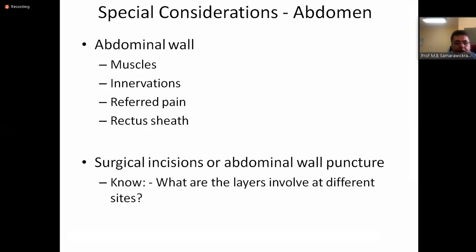But if we ask what are the layers encountered when you make an incision at the midline until you enter the peritoneal cavity, or when you make an incision at McBurney's point, or when you make an incision over the rectus muscle, right? So what are the layers encountered at different levels? That's what we have to know. Right.